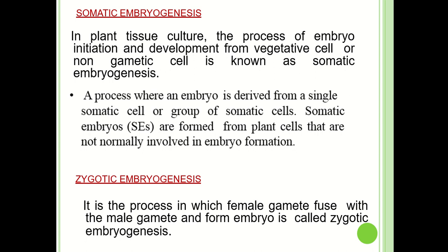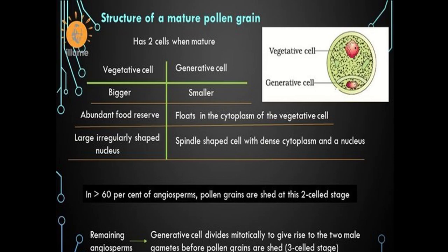There are two types of cells present in the mature pollen grain, the vegetative cell and the generative cell. The vegetative cell is bigger in size and is the food reservoir. The generative cell fuses with the female gametophyte, and then there is formation of the zygote.